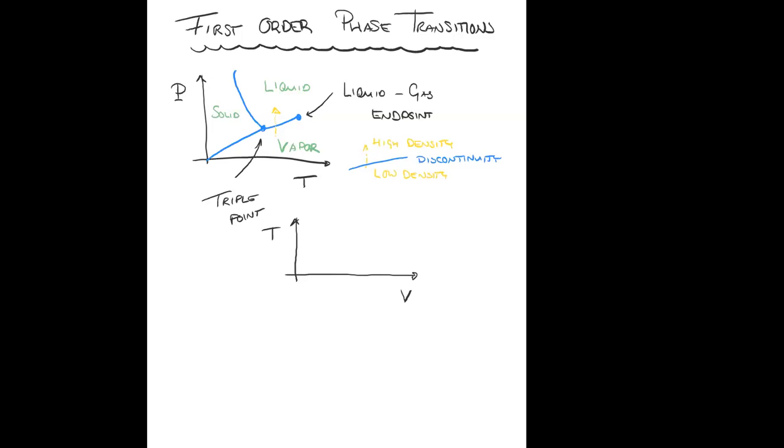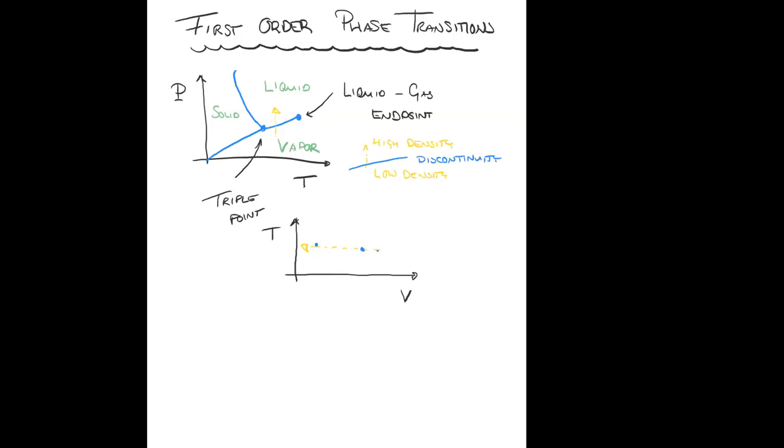Again, at a fixed temperature, you go from some system at high density, so small volume, to some system at low density. So this is this transition. If I plot the arrow in the same direction, it would be going this way.